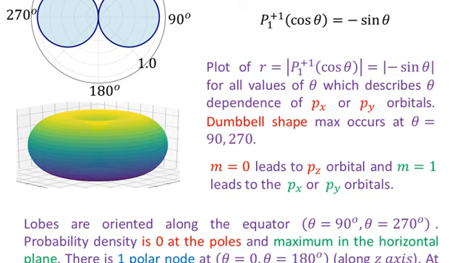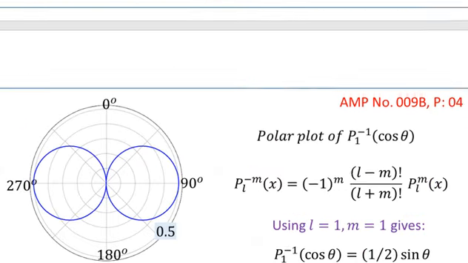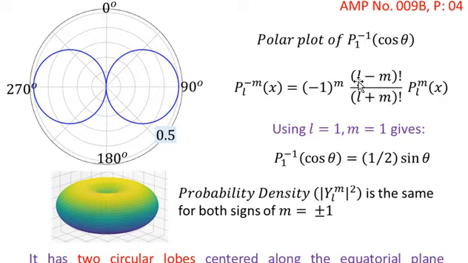So substituting this function on the right hand side and using the values of L and M, you can find out the value of this function, that is P_L^-M. So using L equal to 1 and M equal to 1 in this formula will give you this value, that is P_1^-1 as a function of cos theta is equal to half of sine theta.